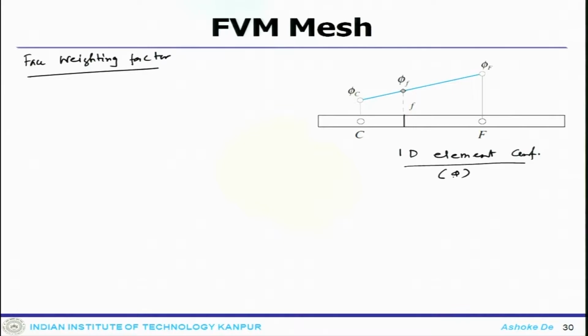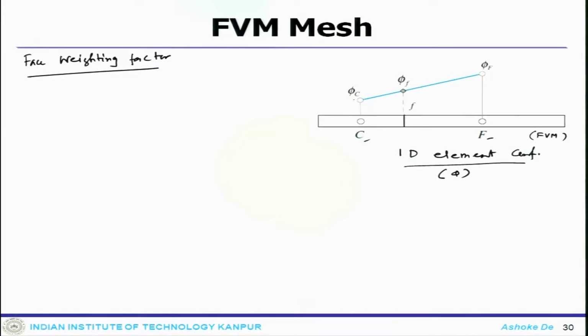These are the element C and element F, as in FVM construction, and the face is f.